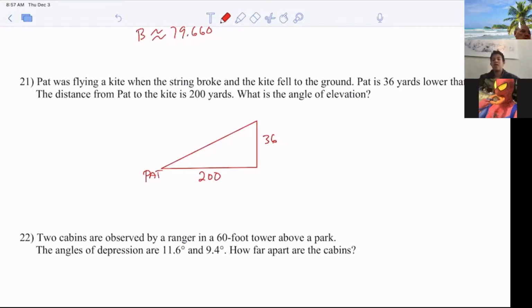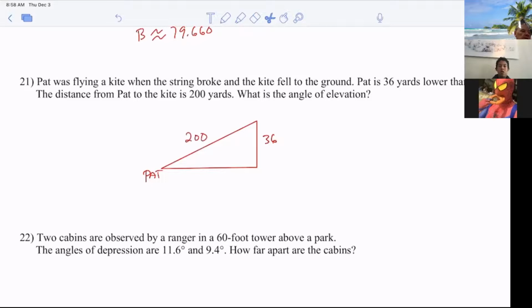No solution. Pat is 36 yards lower than the kite, and the distance. Now, listen, if you said this, I would not care because I don't like the wording here. It could be here, right? But I'm not sure how many. You can measure based on the string, correct?